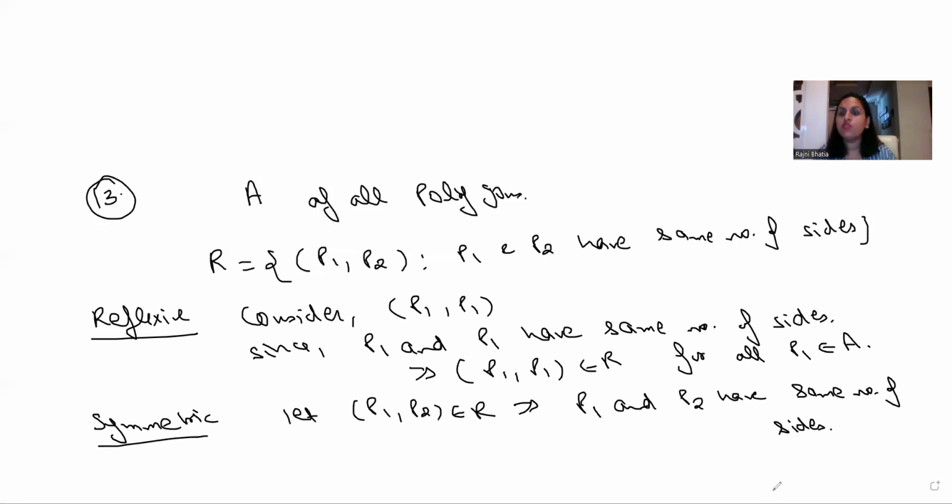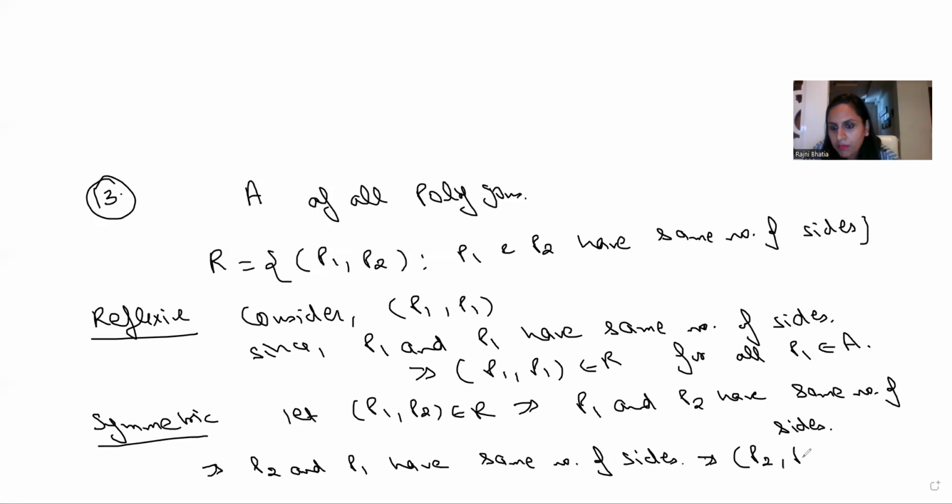So if P1 and P2 have the same number of sides, then P2 and P1 will also have the same number of sides. This implies P2 and P1 have the same number of sides. This implies P2, P1 belongs to R, and therefore we can say that the relation R is symmetric.